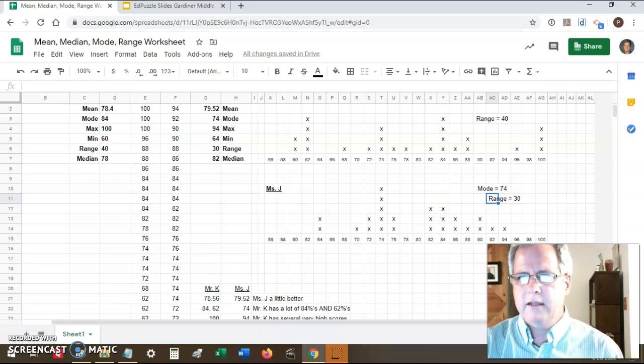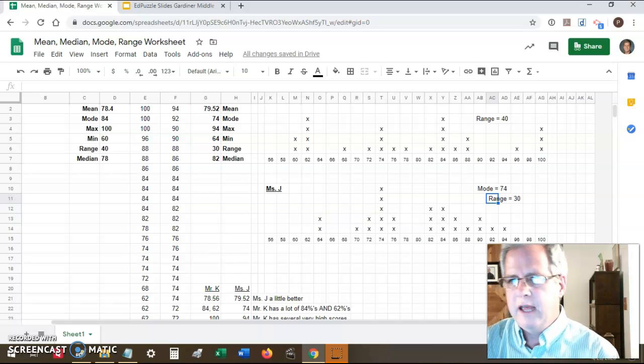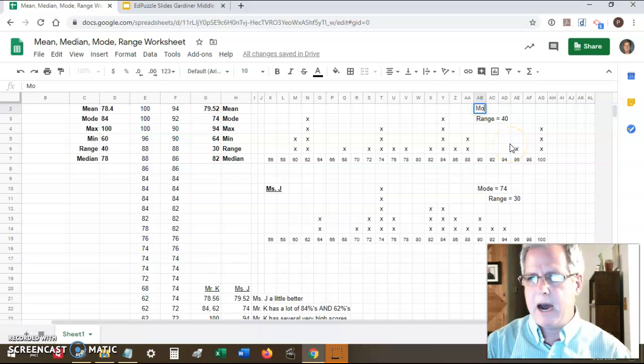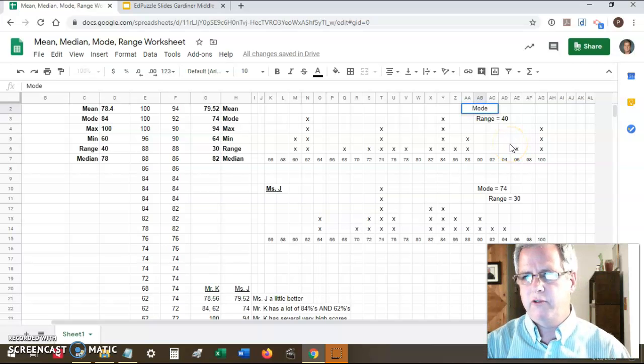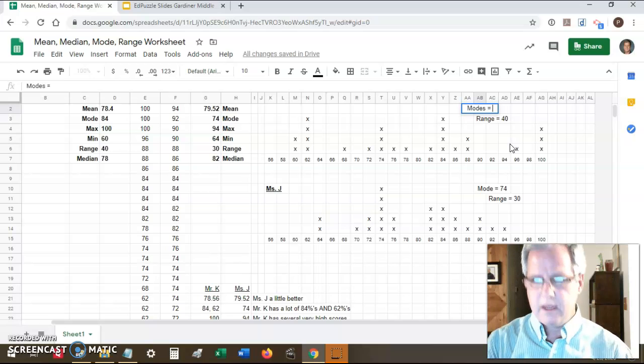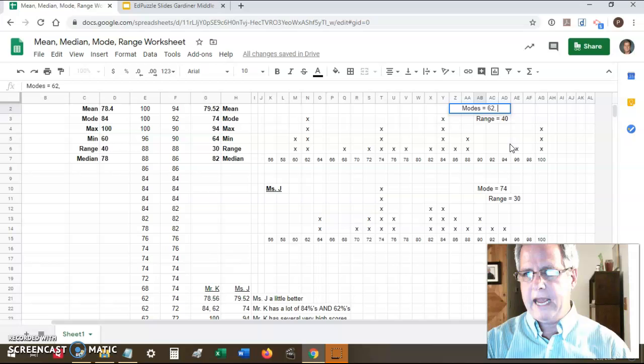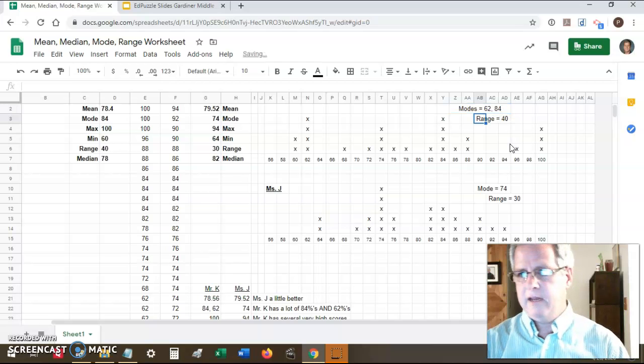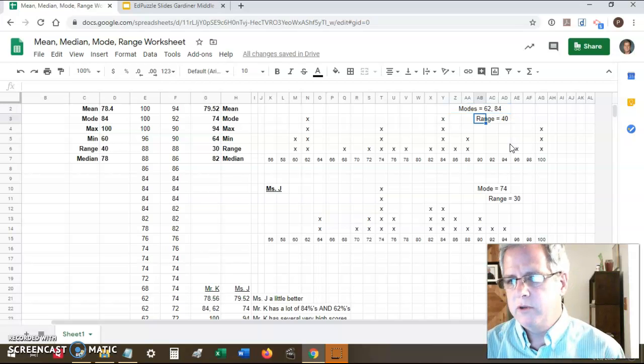For Mr. K's class, I look at which number appears most, and it turns out that 4 people scored 62 and 4 people scored 84. So it's what's called bimodal, meaning 2 modes. So most people got 62 or 84. And if you had 3 or 4 modes, it's just called multimodal.